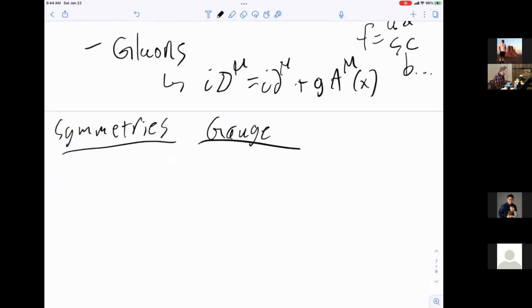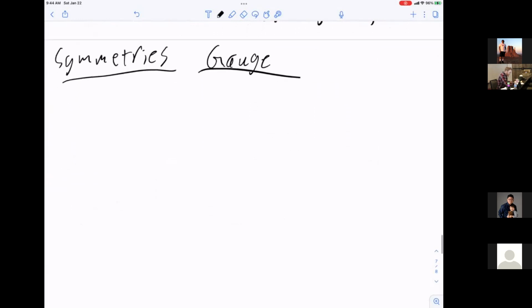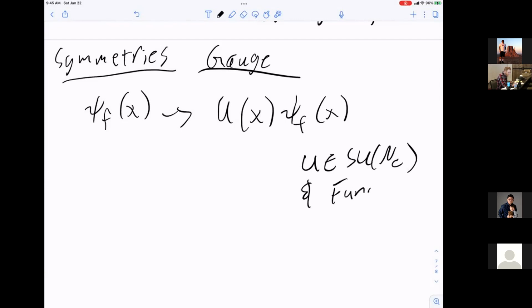What are these gauge symmetries? Well, the gauge symmetry means I could take one of these fields, say my quark field, and perform a gauge transformation where I rotate my quark field at each point in space-time by some matrix U. U is in SU(N_c), in the fundamental representation.